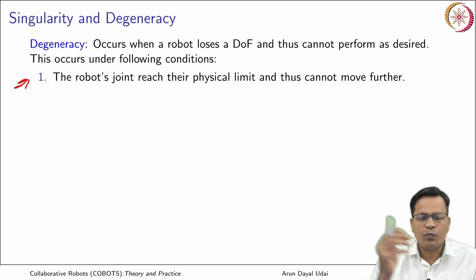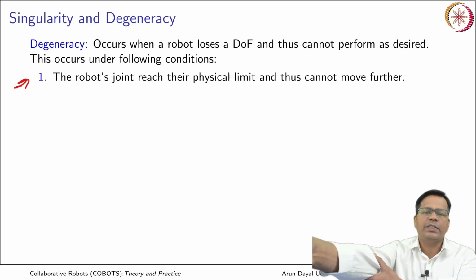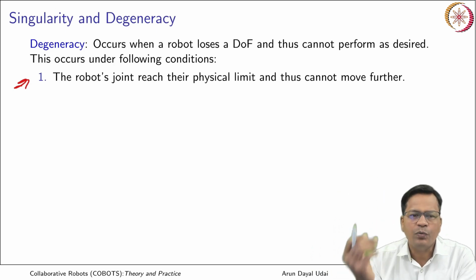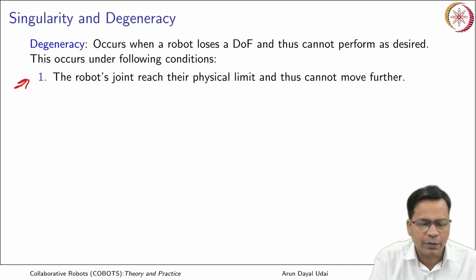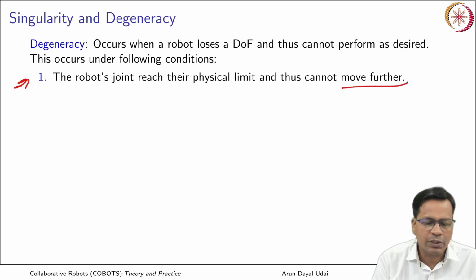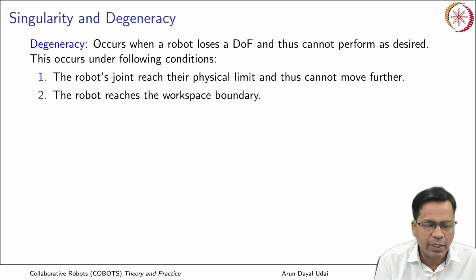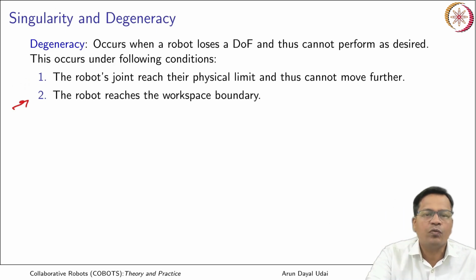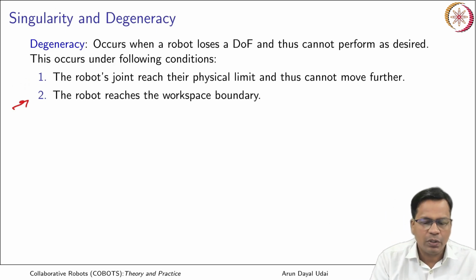So it cannot go further and cannot perform. That is a physical limit. The second one is the robot reaches the workspace boundary beyond which it cannot go. So those are the conditions where your robot can go degenerate.